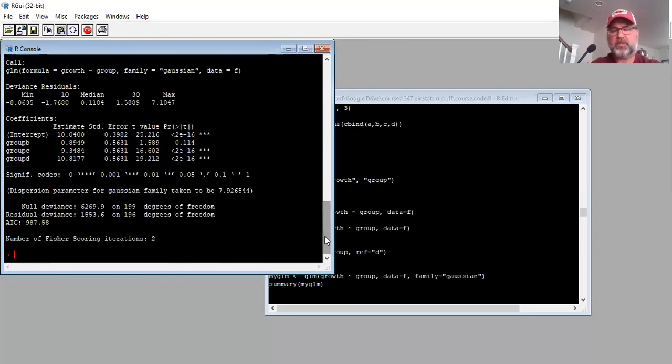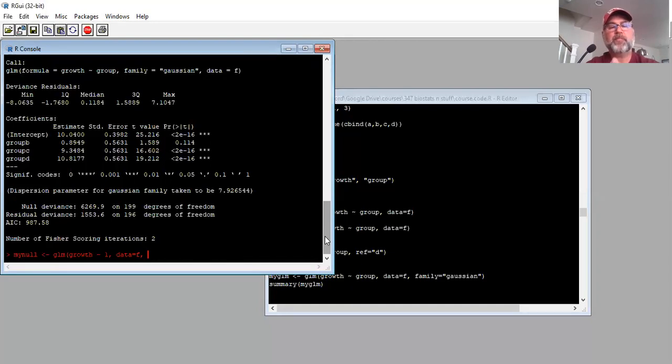My GLM. So let's create another null model called my null. Okay. And it'll be GLM again, and it'll be growth again, tilde 1. So when you put tilde 1, what you're doing is essentially fitting an intercept. Okay. And we're going to go tilde 1, data equal F. I think that's all I need. Okay. If you leave out, by the way, for a GLM, let's add it because it's good practice.